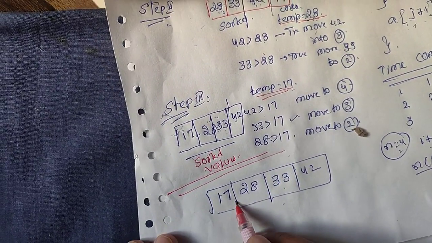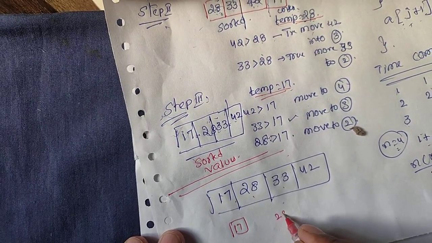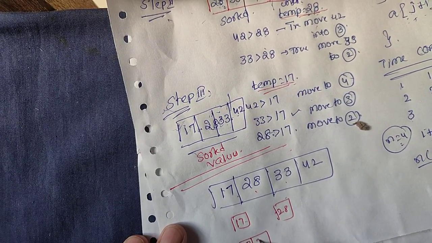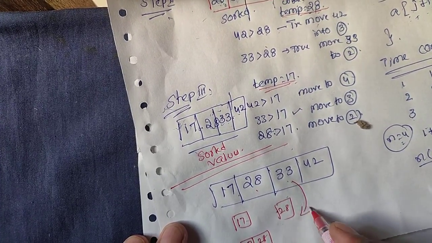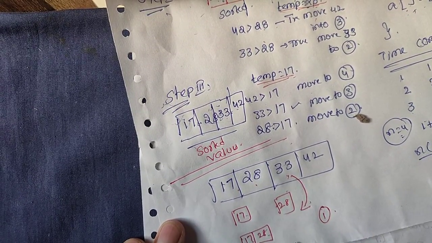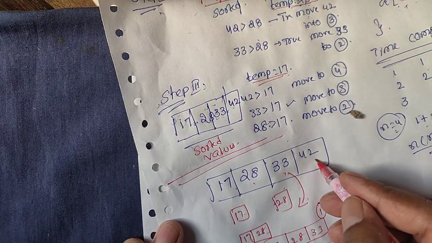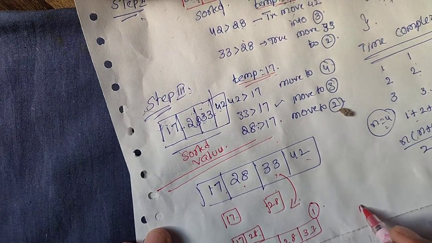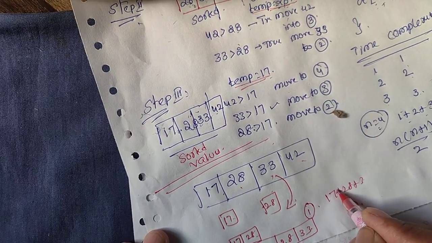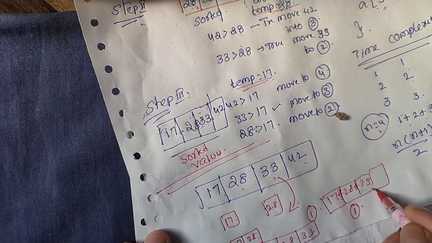For example, if 17 is the starting value, then 28 is compared only with 17, that means the sorted values are 17, 28. The next value is the third position, 33 is greater than 28, so there is only one comparison: 17, 28, 33. After that we take 42, which is greater than 33, so there is only one comparison: 17, 28, 33, 42.